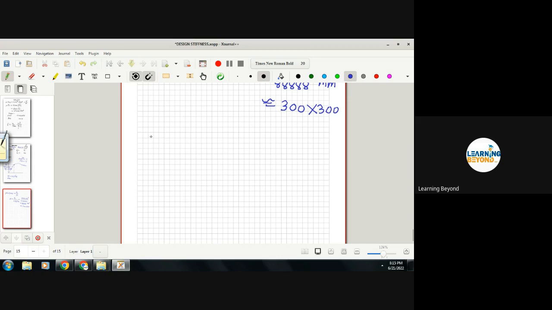Let's say material, and this is the factor of safety. For steel, how much was the factor of safety? 1.15.